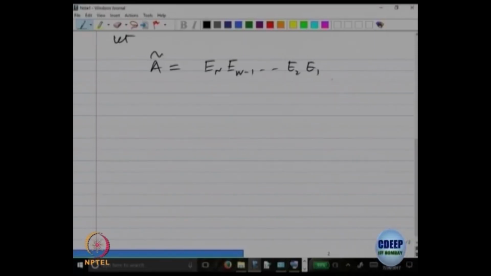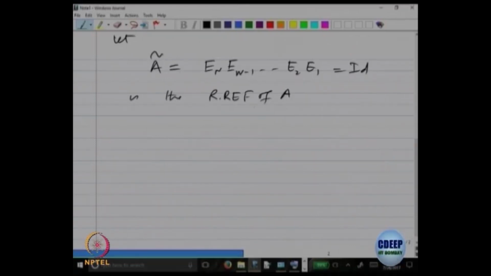If this is the reduced row echelon form of A, that should be equal to identity.